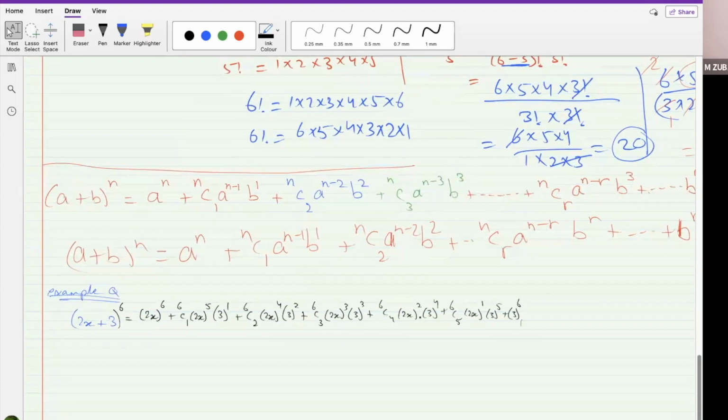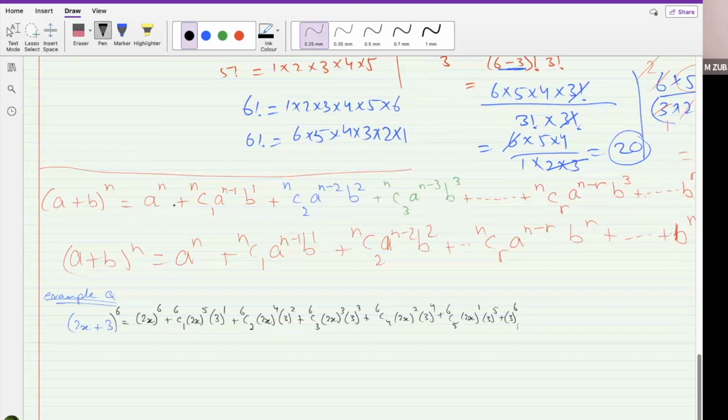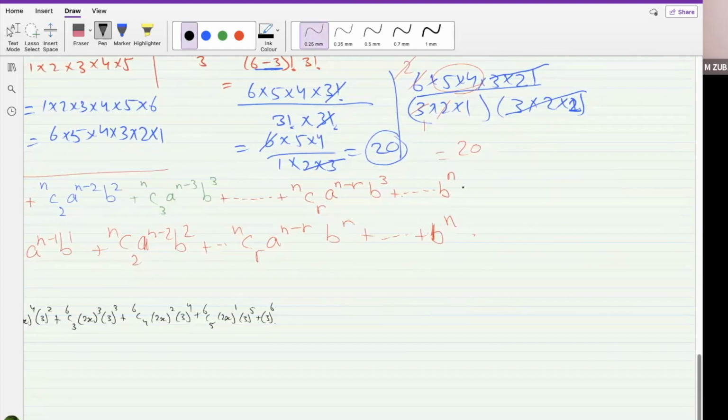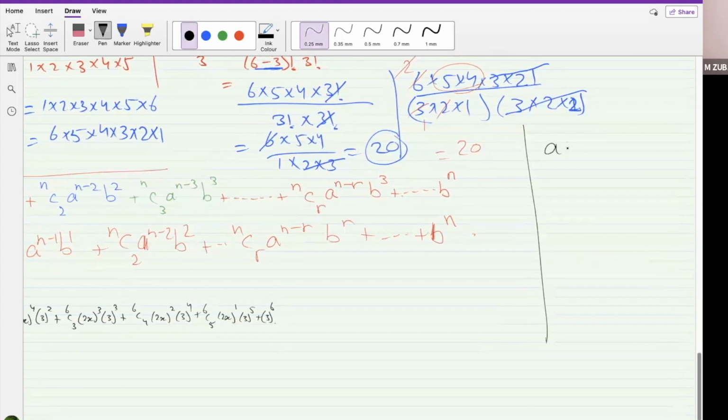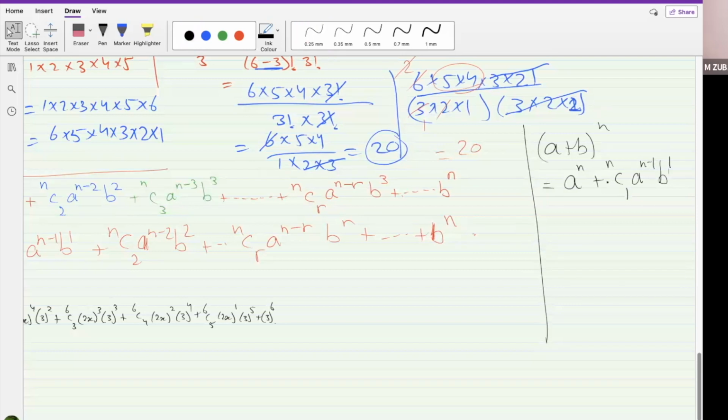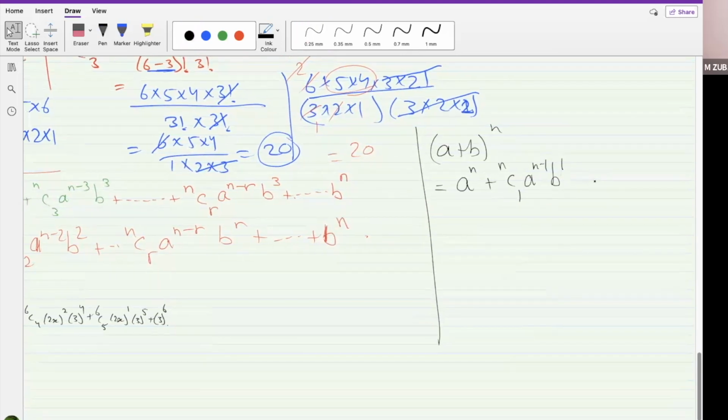This is the formula. Let's write this here again. Binomial expansion, (a + b)^n. So this is how you do it. First term a^n, plus nC1 a^(n-1) b^1.